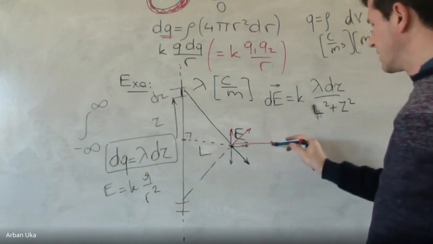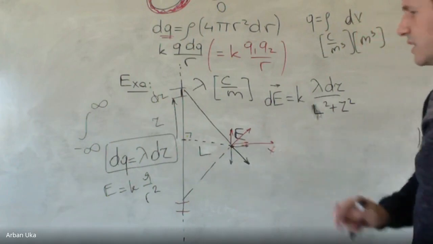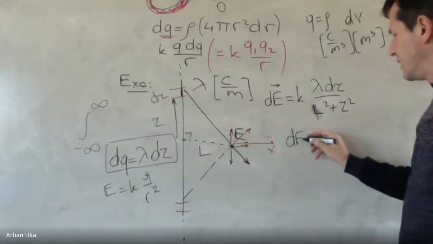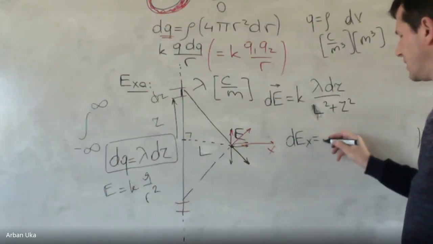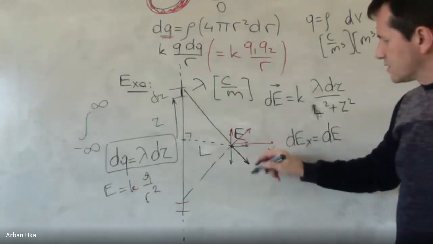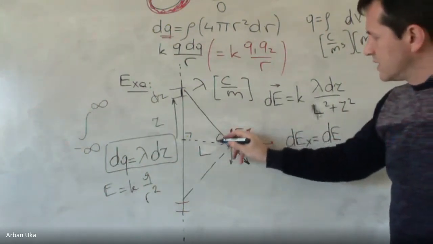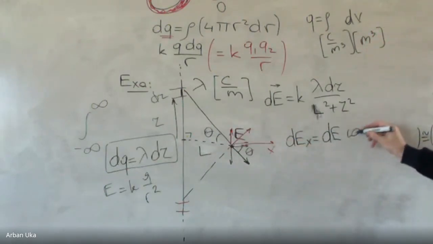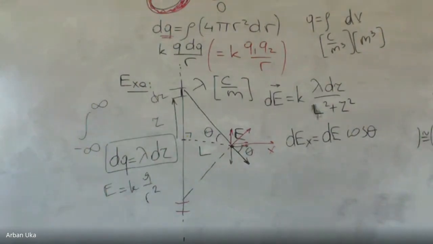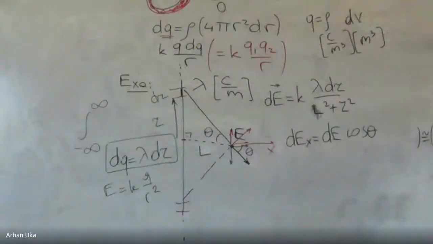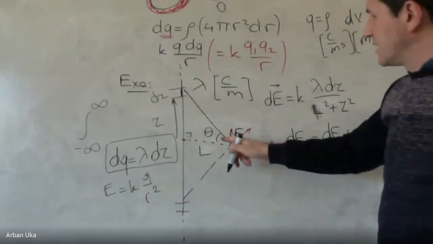So then, this dE along the x, we can write as dE times cosine theta. Let this be angle theta. What is the cosine theta from here?